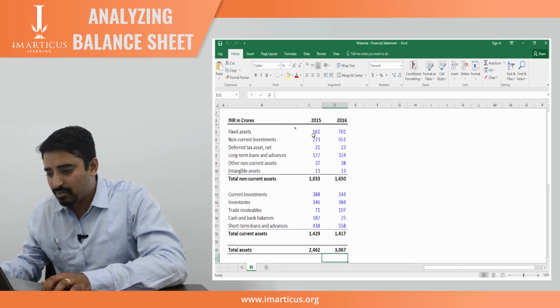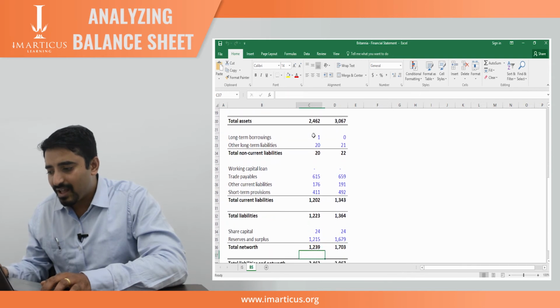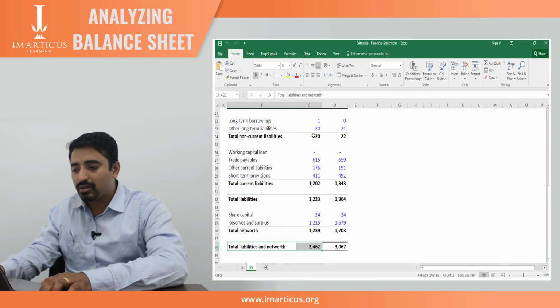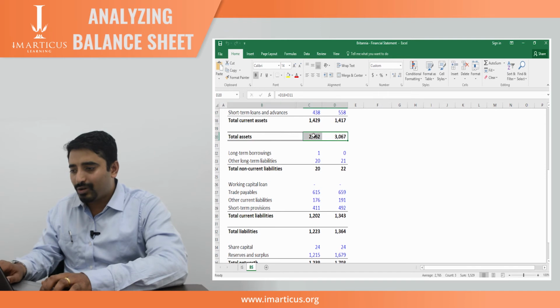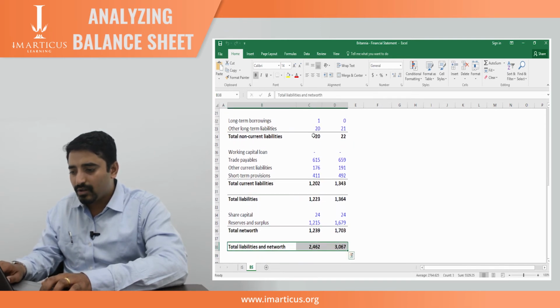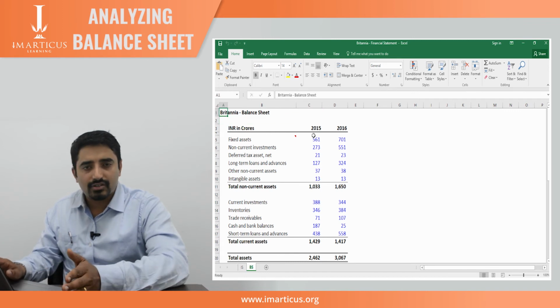All those assets and liabilities that we discussed, and then the total shareholders equity or the total net worth. And what you also see is that your total assets should be exactly equal to total liabilities and net worth, right? So here we see the balance sheet of the company for the last 2 years.